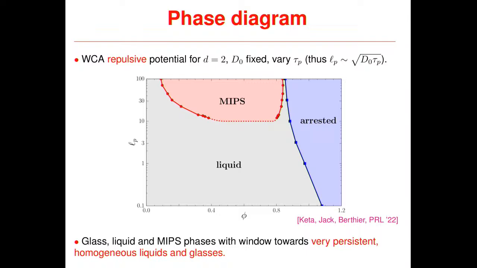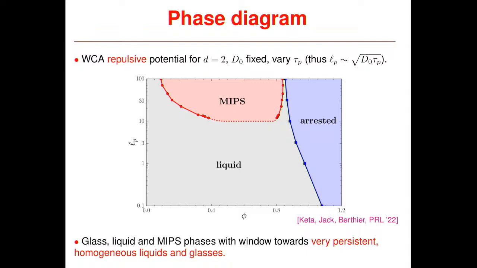So what are the phases that you can have? So this is density, this is persistent length. So again, for non-persistent system, what you have here is the physics of the equilibrium system. If the system is a little bit persistent, it's a self-propelled liquid, so it's a non-equilibrium system. And so this is the self-propelled liquid. If you compress that system a lot, then you will undergo this fluid to solid phase transition towards amorphous solid state, so glass transitions.